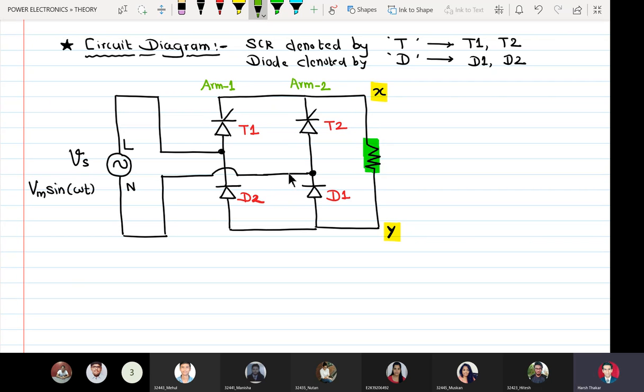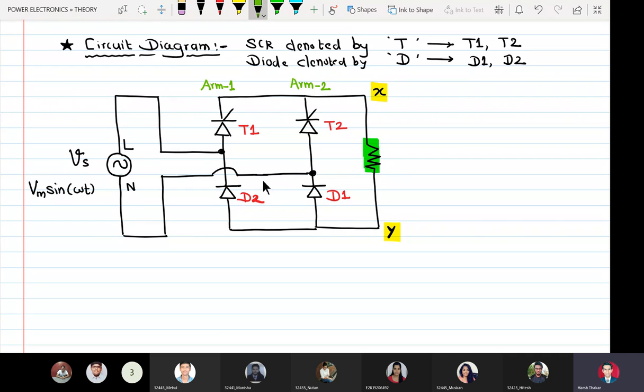By analyzing the way they are connected in the bridge vis-a-vis their connection to the live and neutral terminals of the source Vs, we know that T1 and D1 will be forward biased during the positive half cycle, and in that cycle T2 comma D2 will be reverse biased. That is why T2 comma D2 cannot conduct.